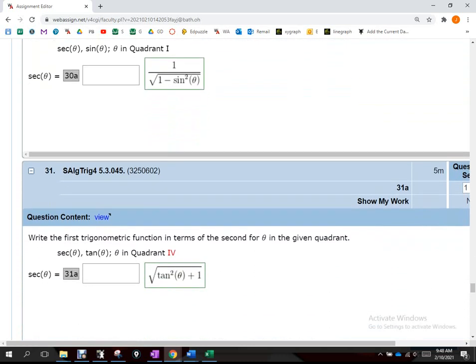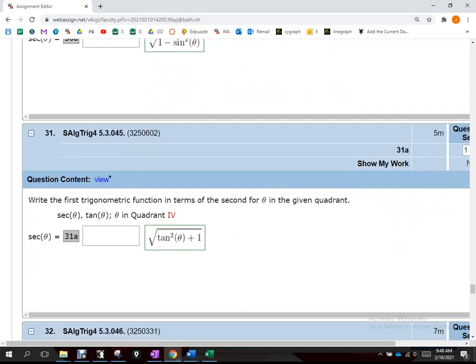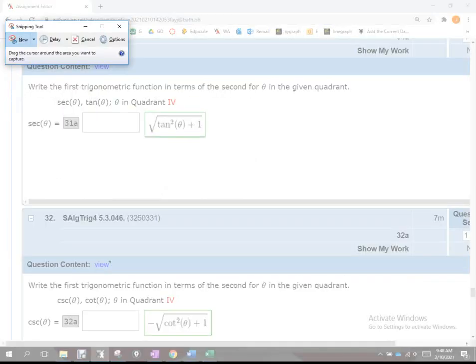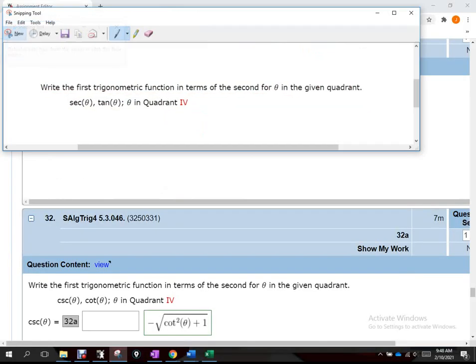Yeah. Let's do 31 if it's similar, or we can do 31 and 32. I think we're going to be benefited by going over as many of these as we can.